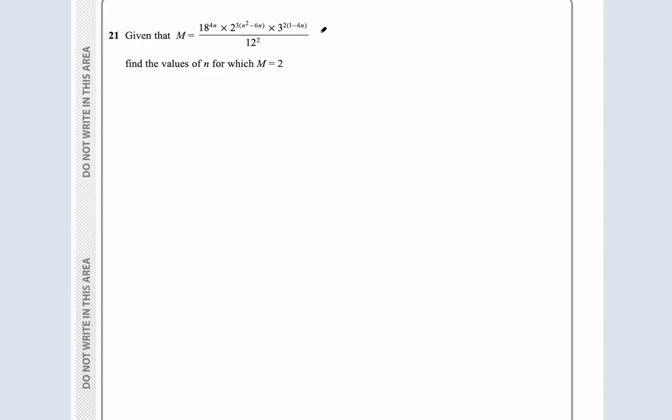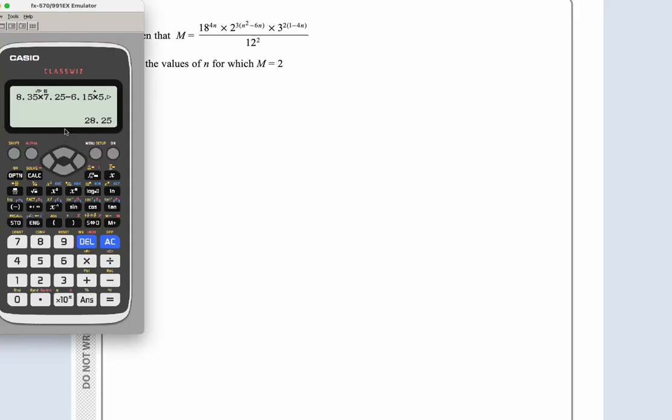So I can say 18 to the power of 4n is the same as, I'm actually going to make it into its prime factors. And on this calculator, guys, 18 is actually an easy one, but you can do 18 equals, and then you do fact, and it gives you the prime factors.